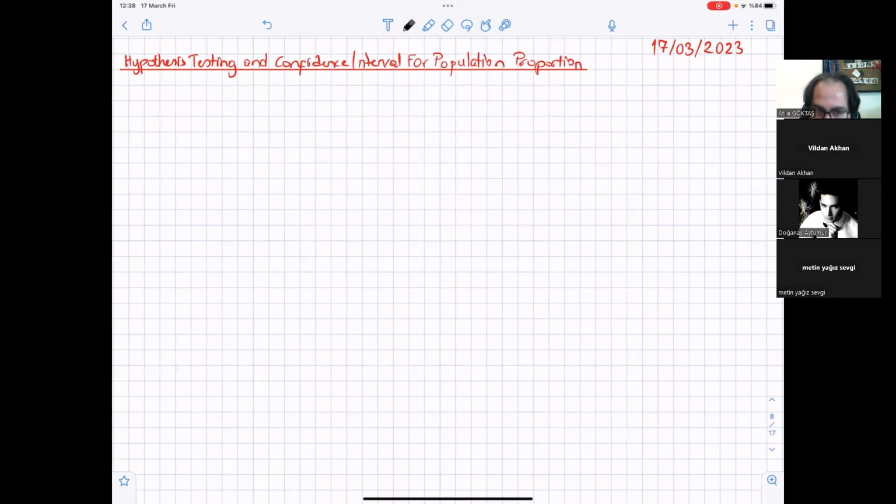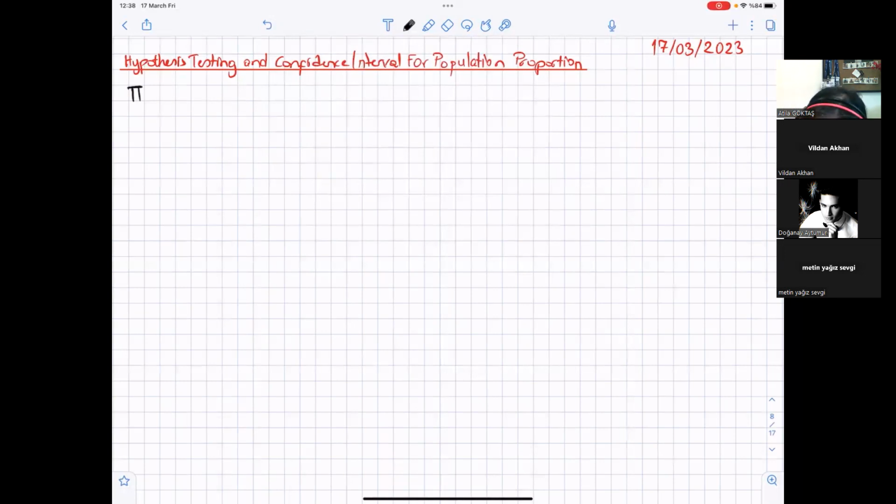Before I get to the hypothesis testing, let me define the population symbol. We use basically the universal representation of the proportion. Population proportion is pi. That's the symbol we're using. Although in the book they use a capital letter P, I prefer the pi. This is much more universal.